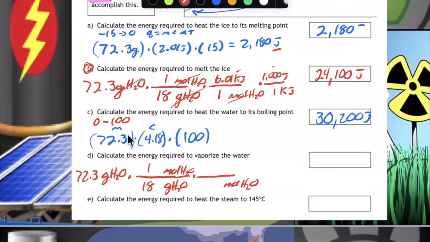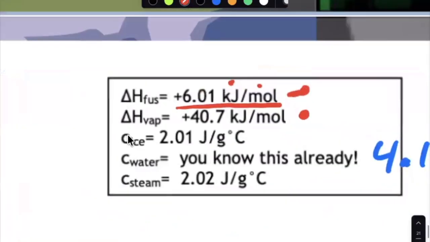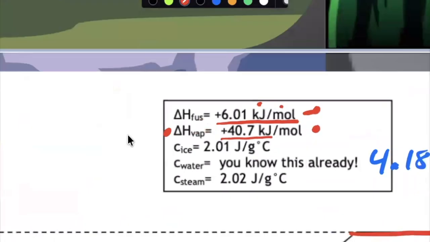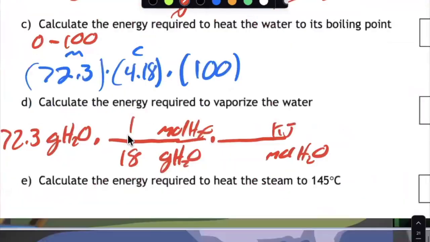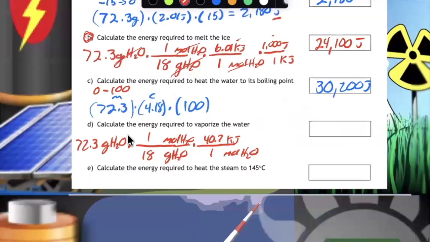Okay, and in this case, this is delta H of vaporization. And notice this takes considerably more energy, 40.7 kilojoules per mole. So let's put this in here, 40.7 kilojoules per 1 mole.